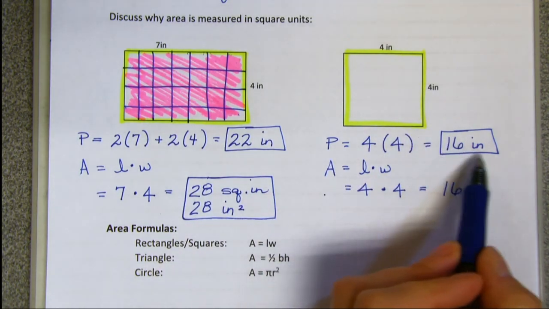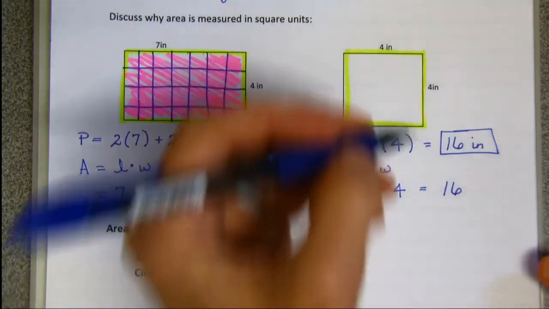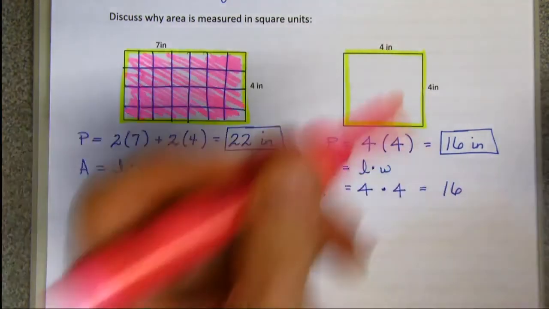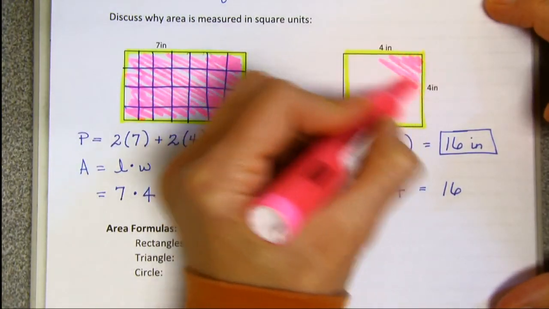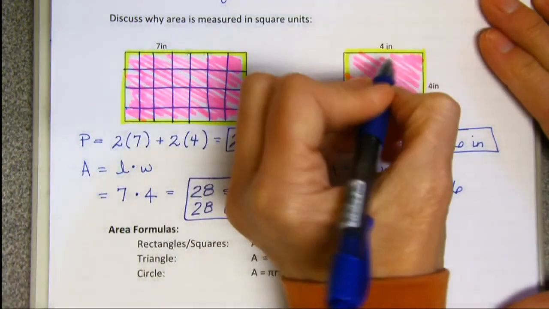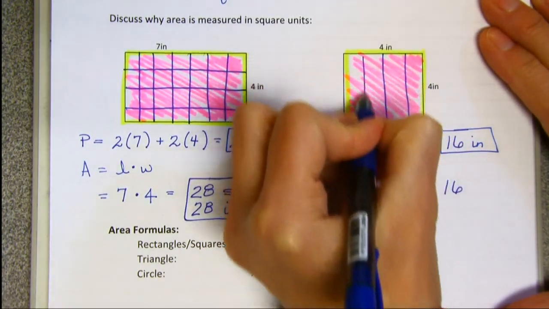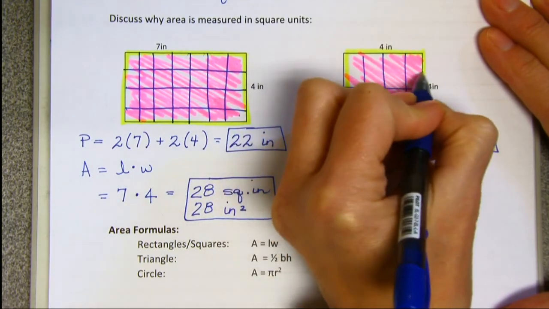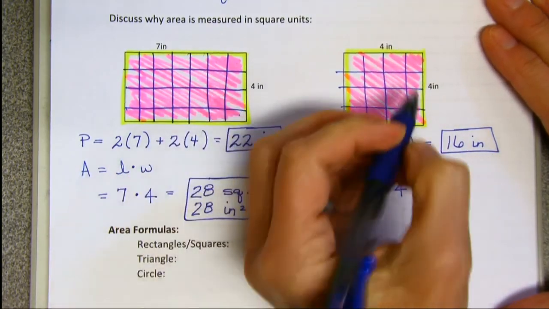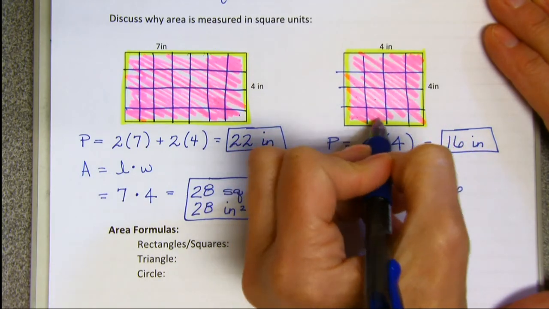So what makes the perimeter different from area? It's in how you label, because the area is all of this. If I divided this into 4 equal parts and this into 4 equal parts, I'd have 1, 2, 3, 4, 5, 6, 7, 8, 9, 10, 11, 12, 13, 14, 15, 16.